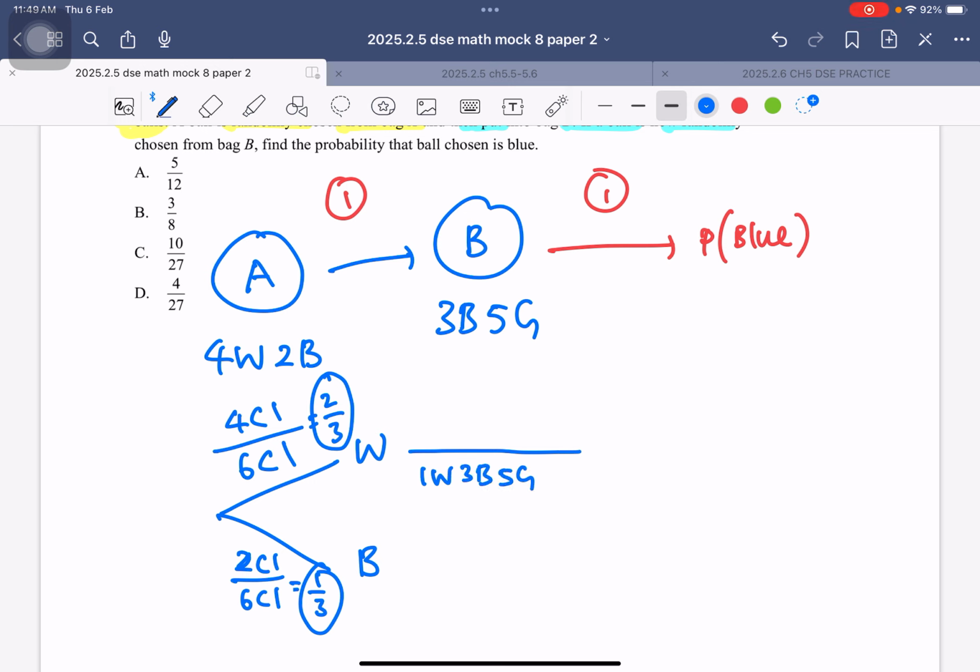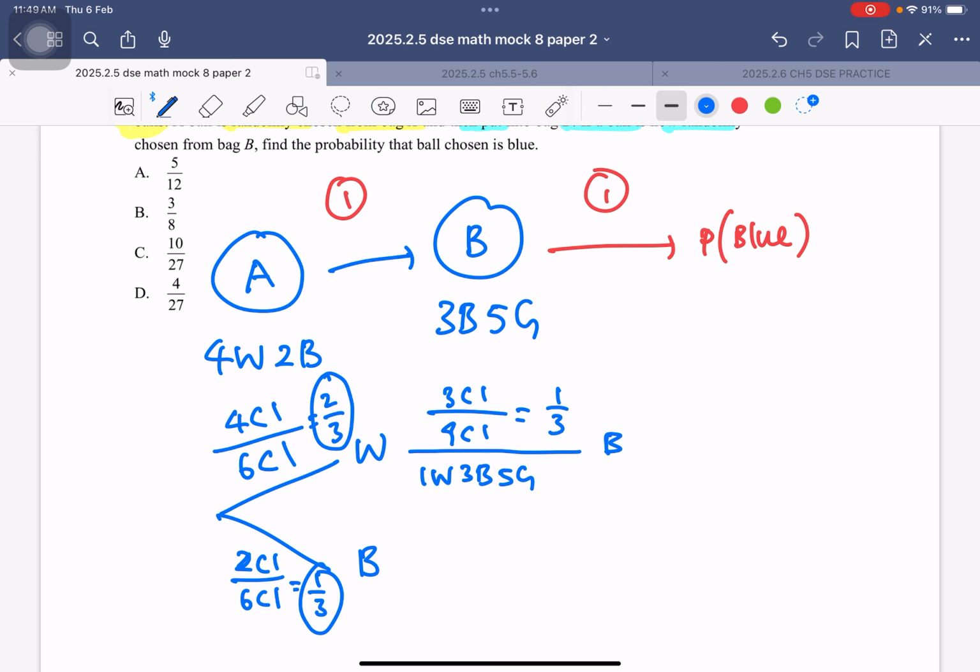And I want the blue ball. So what's the probability for this blue? 3C1 divided by 9C1 as well, giving you 1/3.